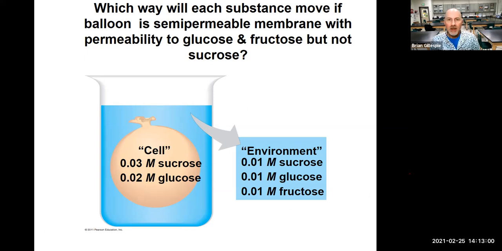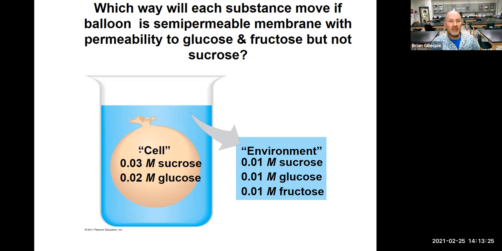All right. So here we have a very simple model of a quote unquote cell made out of a selectively permeable material. Inside of our cell model, we have put in a solution that is a mixture of 0.03 molar sucrose plus 0.02 molar glucose.